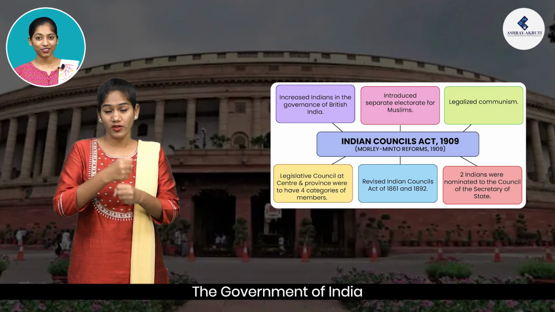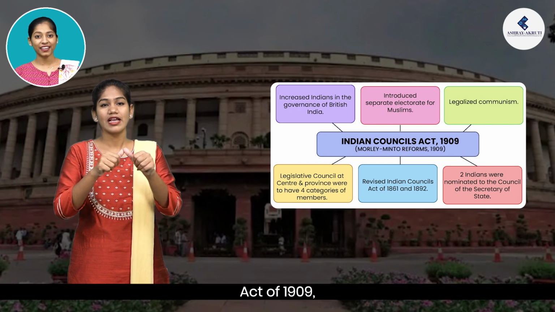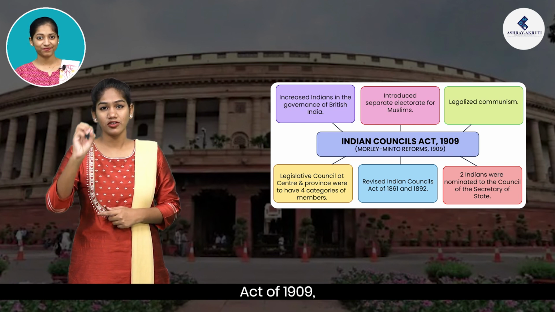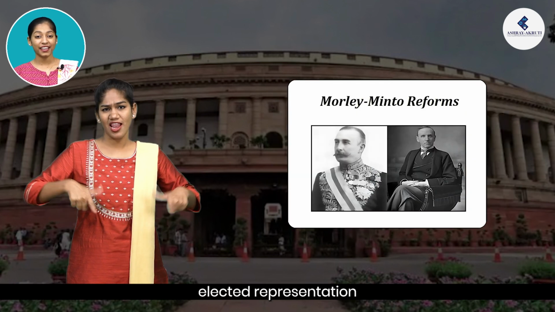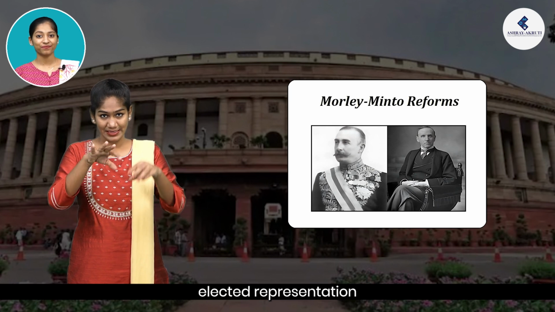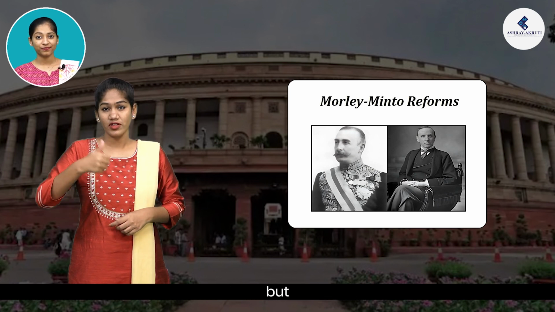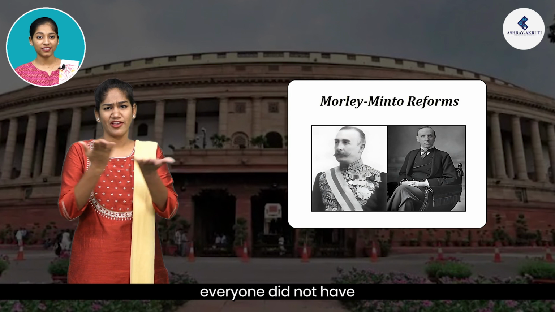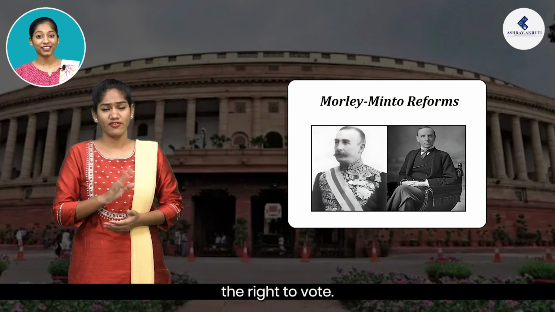The Government of India Act of 1909 allowed elected representation, but everyone did not have the right to vote.